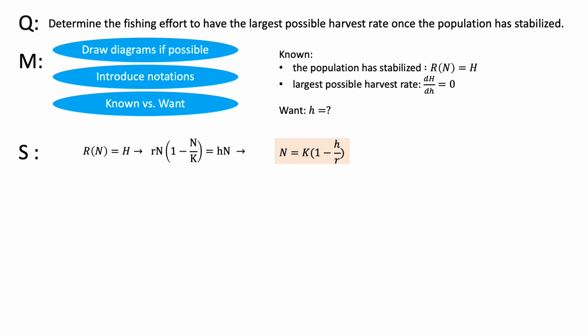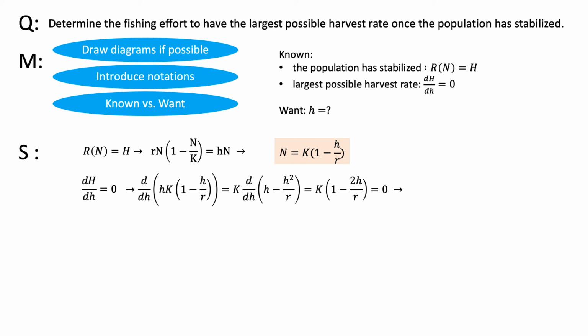Now let's move on to the second fact. The derivative of the total harvesting rate should be 0 when we differentiate it with respect to h. Please remember the formula of capital H is small h times N. By replacing N by this new function in h, we can differentiate capital H with respect to small h.